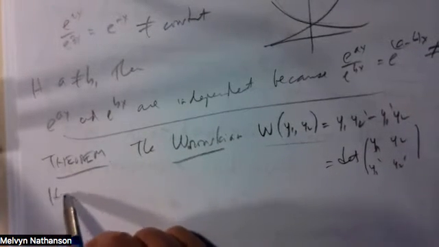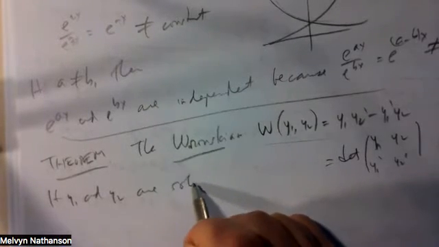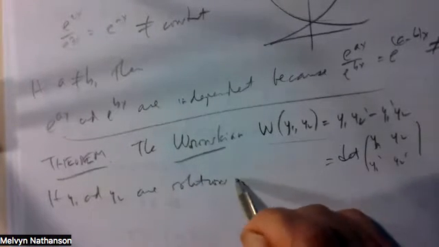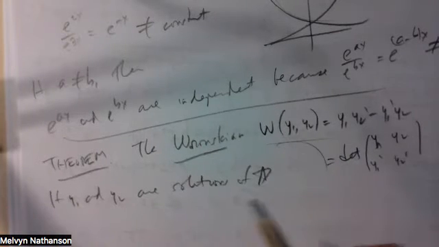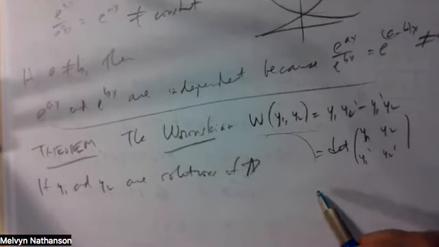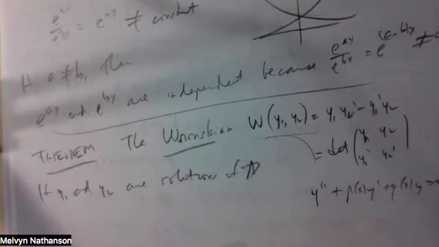And if y1 and y2 are solutions of my differential equation, the differential equation doesn't change. It's y double prime plus p of x y prime plus q of x y equals 0.